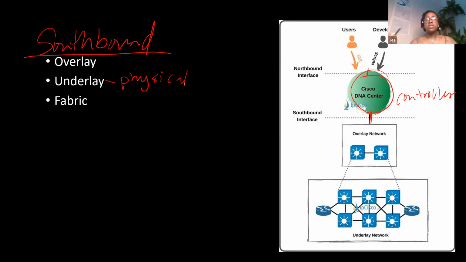Okay, so speaking of tunnel, the overlay has, I believe, VXLAN, right? Not to be confused with virtual LAN, but a VXLAN is a virtual extensible LAN. Okay, that's what it stands for. That's what the X stands for. So let's come down here.